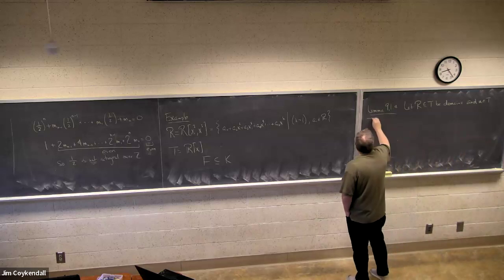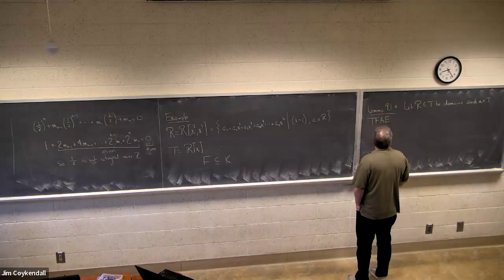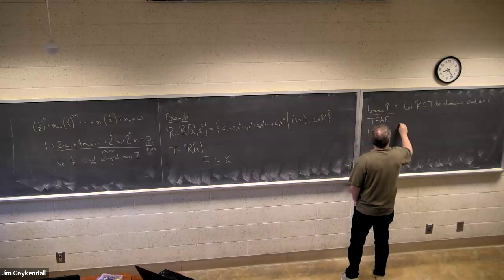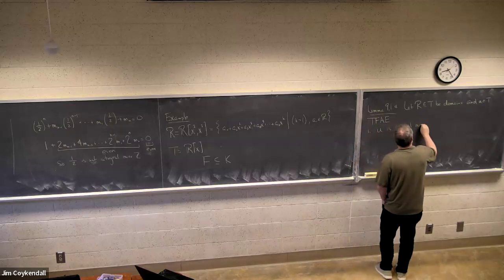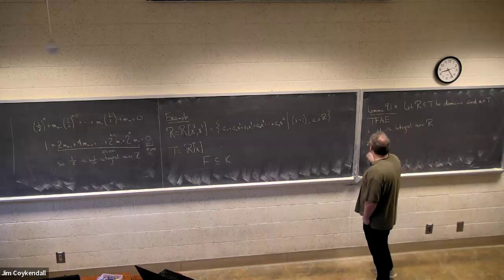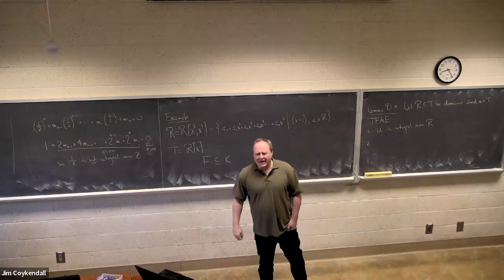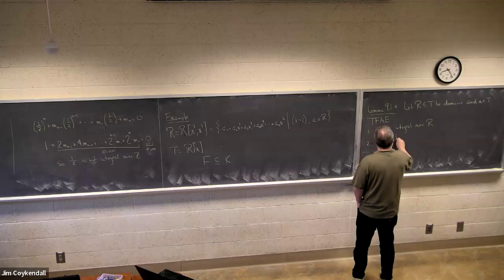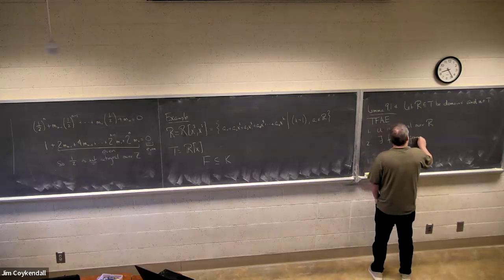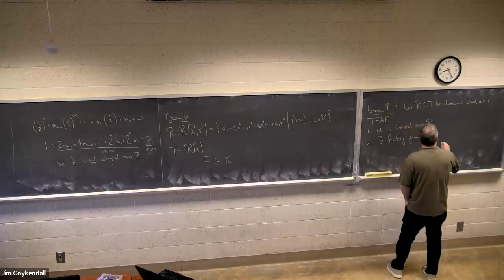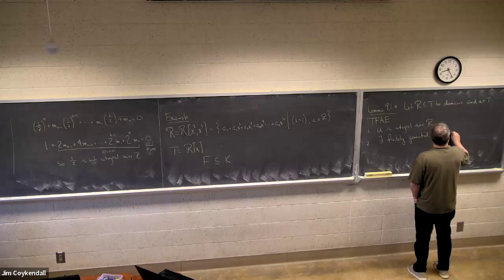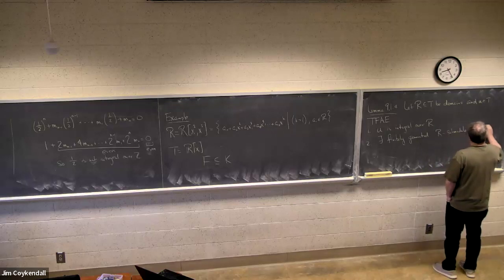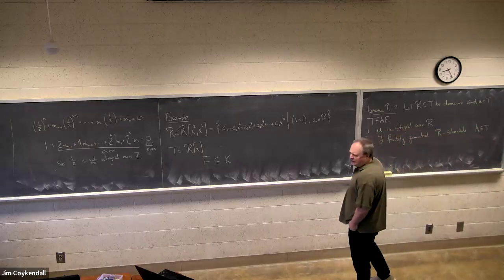The following conditions are equivalent for some element U in T. Number one, U is integral over R. And number two, there is a finitely generated R submodule A of T such that UA is contained in A.